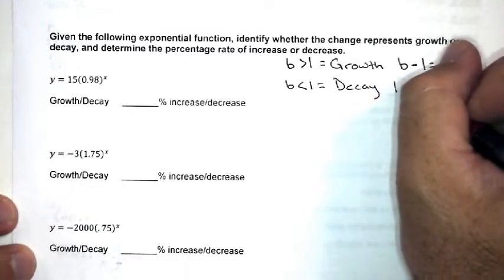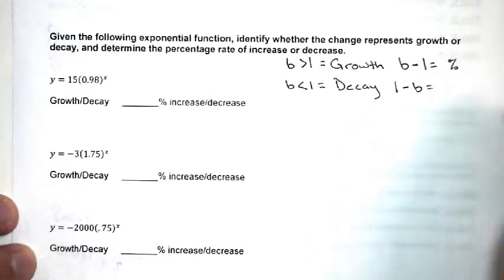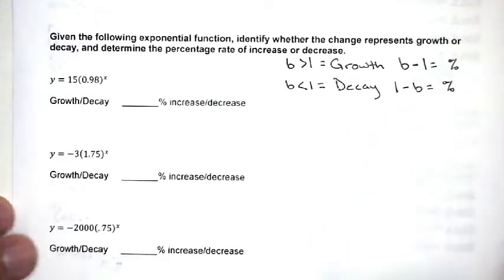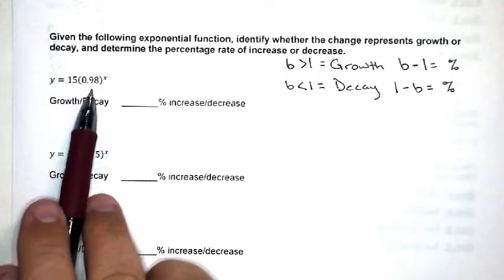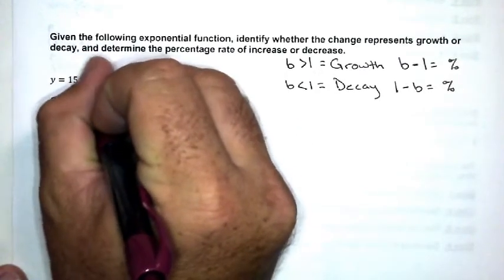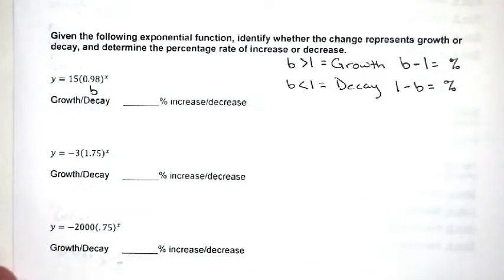Okay? So in this first example, my b value is what's connected to the exponent, aka the parentheses. That number, is it greater than or less than 1? Less than 1, so I have a decay, which will be a decrease.